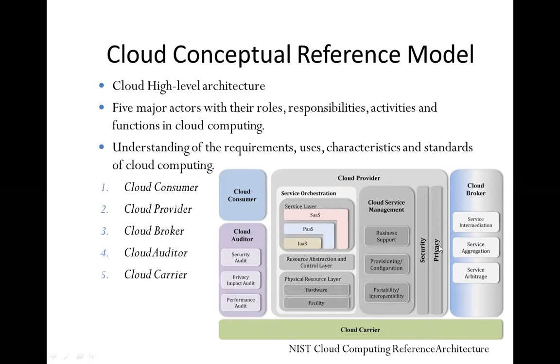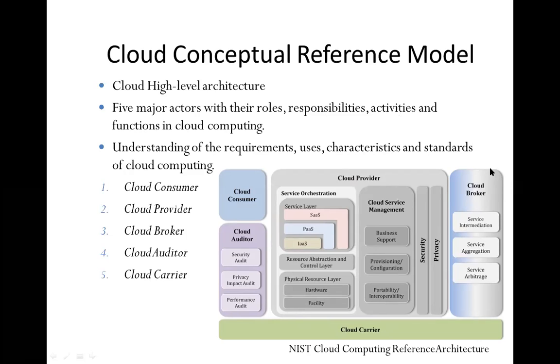The reference model consists of various stakeholders, or actors, the people who are working with the cloud: cloud consumer, auditor, provider, broker, and carrier. So five major actors, with their roles, responsibilities, and activities, are shown in this diagram.